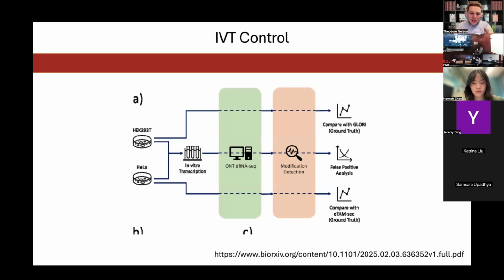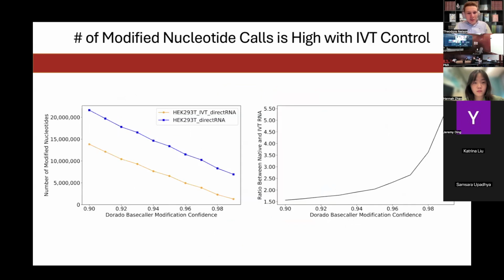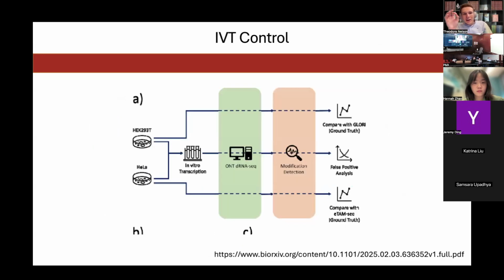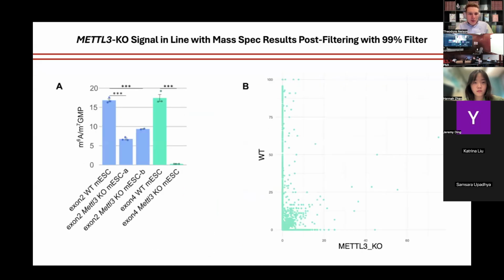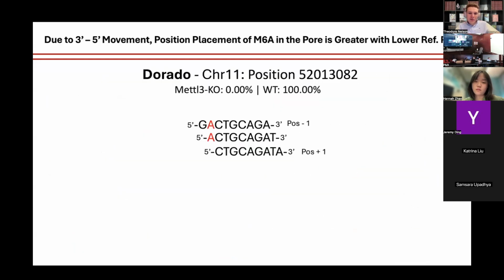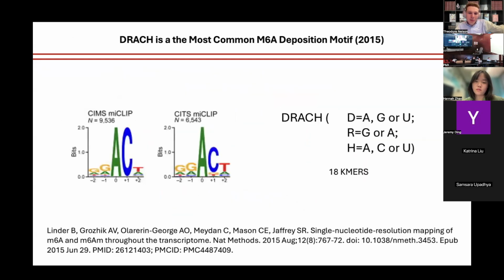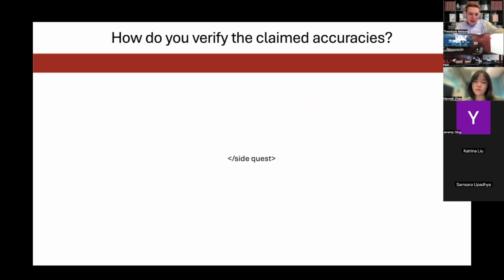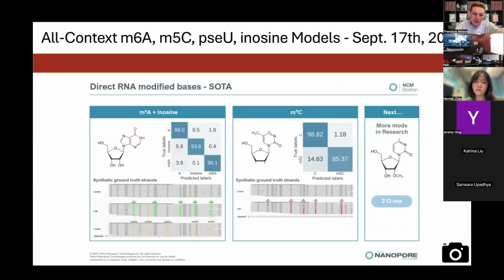So one thing is that m6A, as I mentioned, is 0.1 to 0.4% of adenosines, which sounds like a lot. But again, these are per molecule models. So if you go all the way back to the nanopore slides, there's 96% accuracy on m6A.